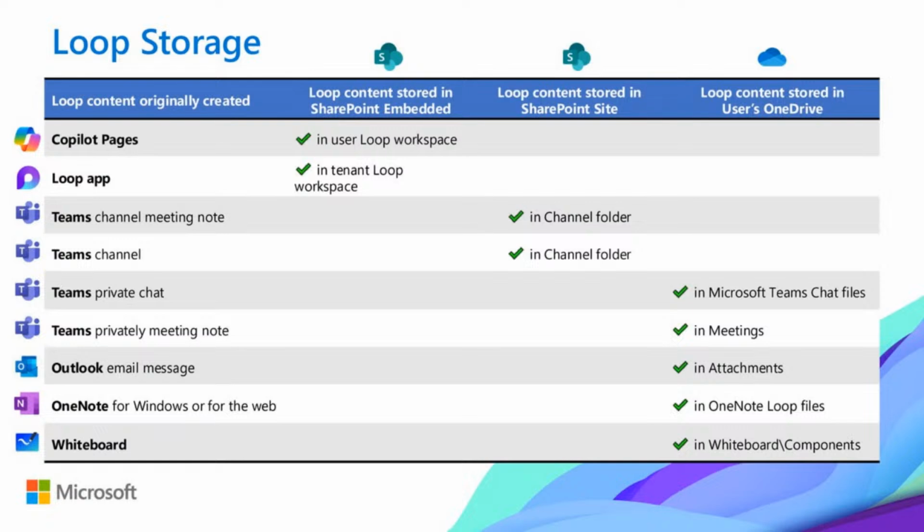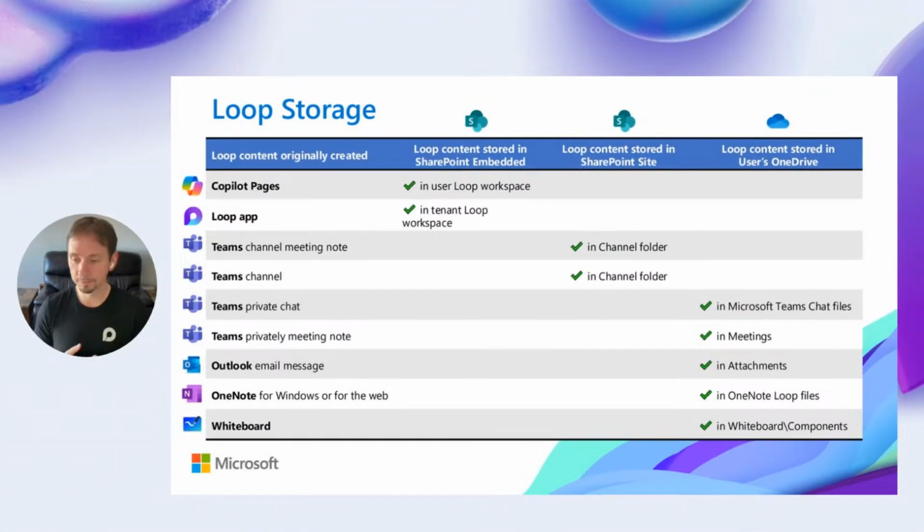So we put it in the creator's OneDrive. Or if we're in a Teams channel meeting, there is shared storage that has a SharePoint site. So we put it in the SharePoint's channel folder. And then similarly, like we mentioned with the workspaces, if you're in the Loop app, that already is in a SharePoint embedded container. That's where we would put the Loop page there. So this is available. It's on our public documentation for Loop compliance. It helps you think about where all of this content is going.